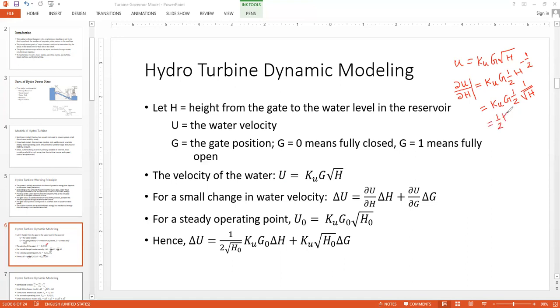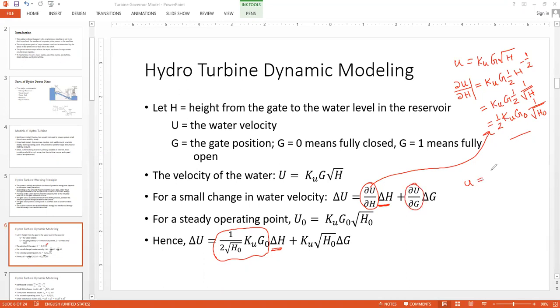So you take it half K_U, G equals G naught and H equals H naught. So this is how it comes. And then this is the part multiplied by del H, because you have the del H here. Okay.